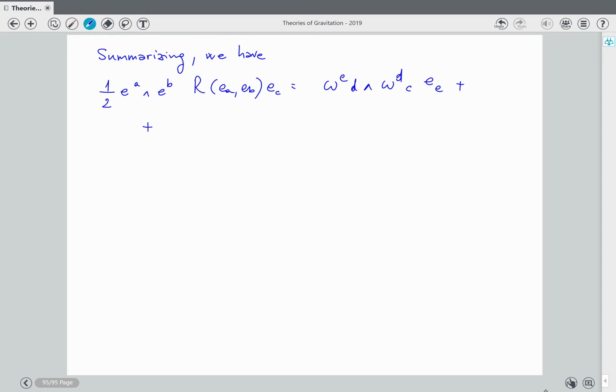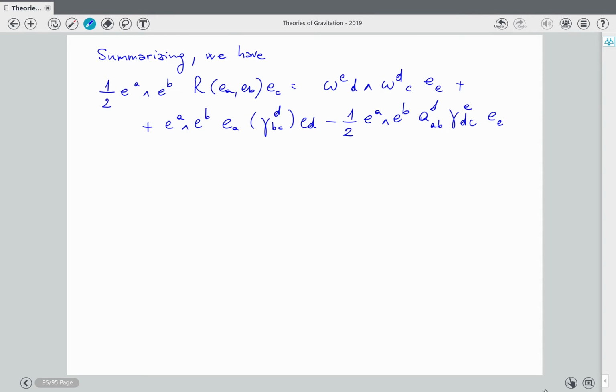Plus EA wedge EB, EA gamma D BC ED, minus 1/2 EA wedge EB, A ABD, gamma DCE EE.